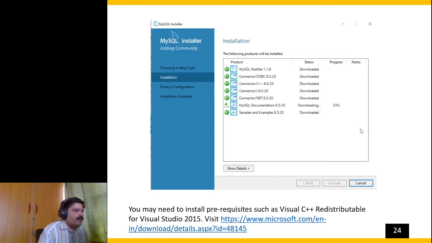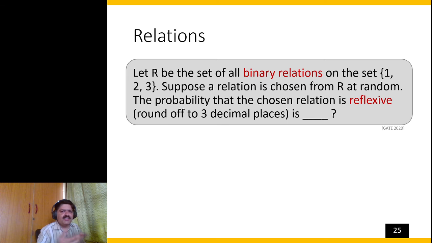Okay, we'll come back to MySQL in future classes, but now let's turn our attention back to the idea of relations. So let me tease you with a question. Let R be the set of all binary relations on the set {1, 2, 3}.